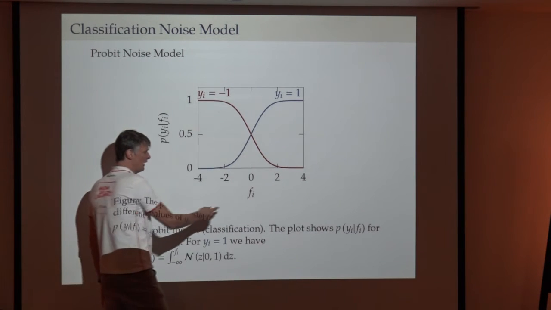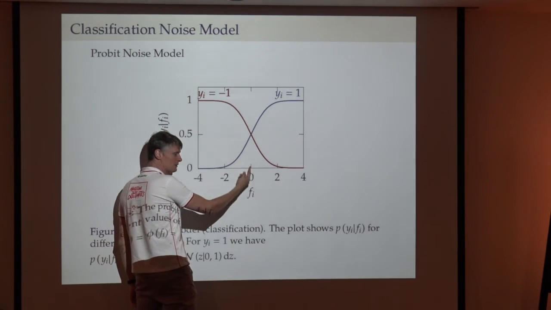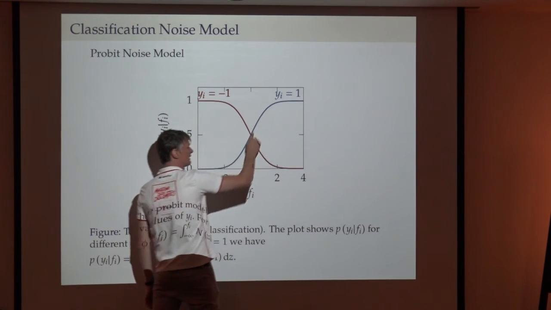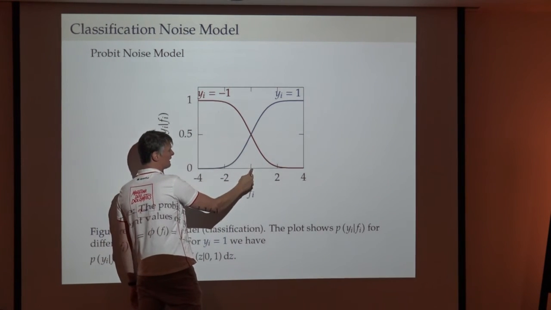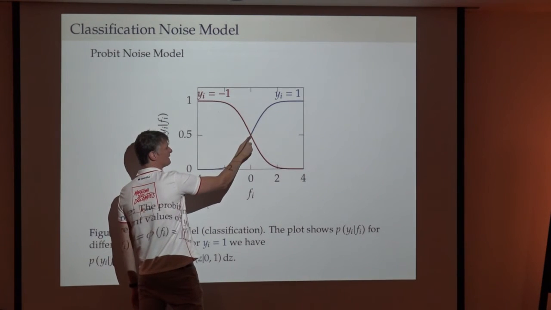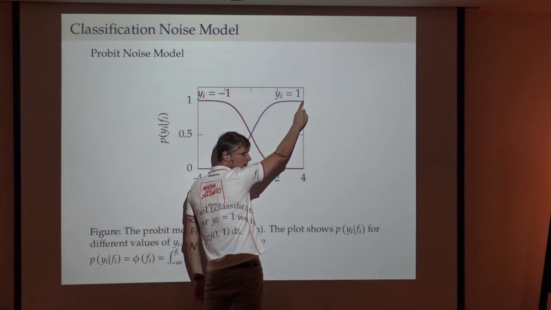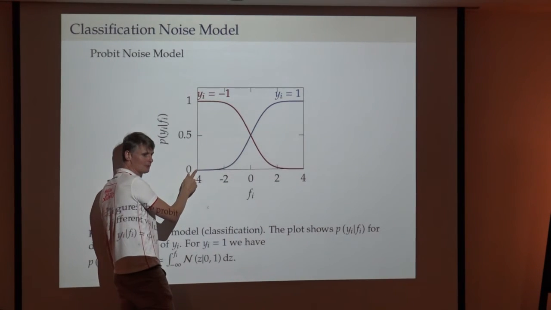So we have f coming in here from our Gaussian process, and we predict that y is 1 with a probability according to this function here. So if f is 0, the probability of y being 1 is 0.5. And if f is 4, it's approximately 1. And if f is minus 4, it's approximately 0.